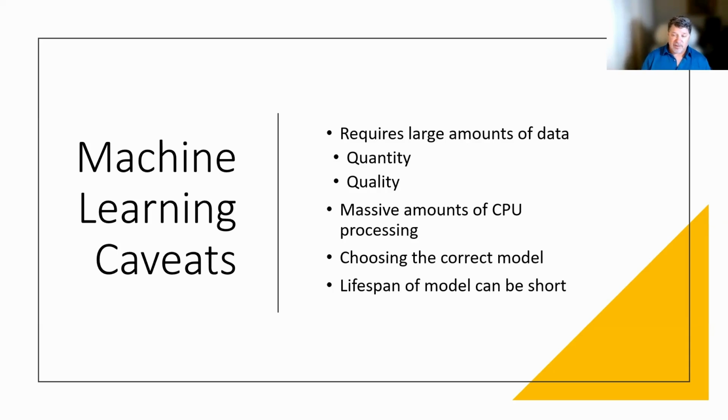And then to process this data with machine learning requires massive amounts of CPU. Machine learning is an iterative process. This is one of the issues with large language models these days: it can take a very long time and a lot of CPU to process this data.